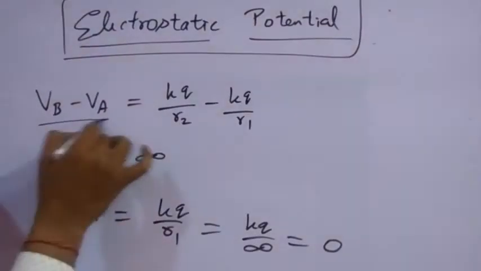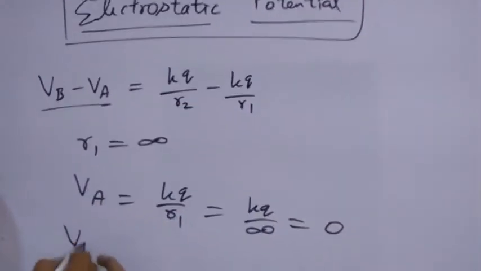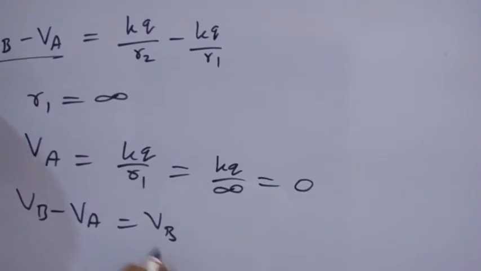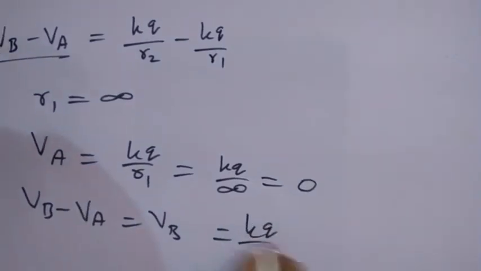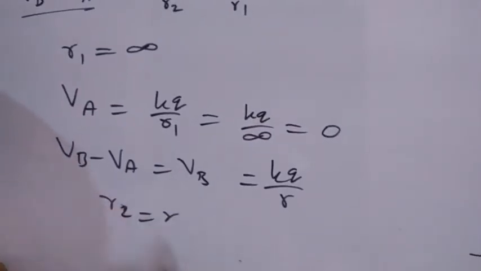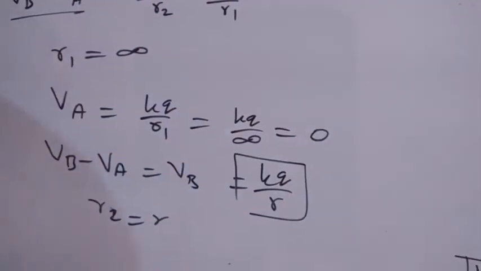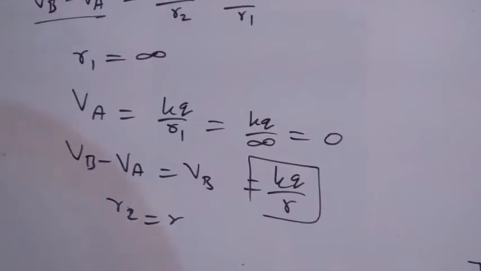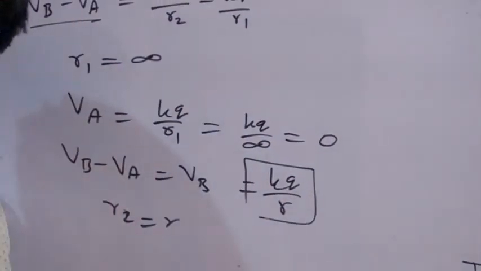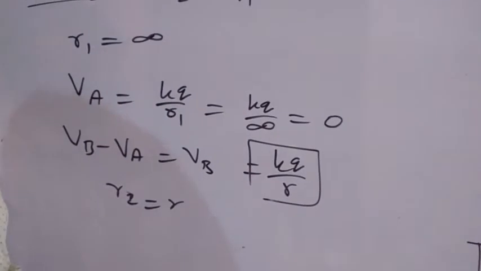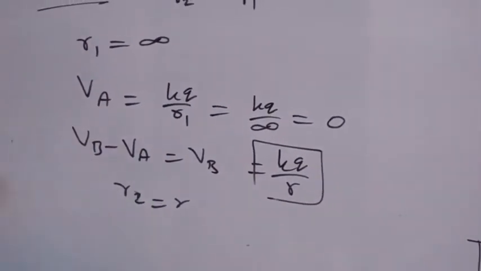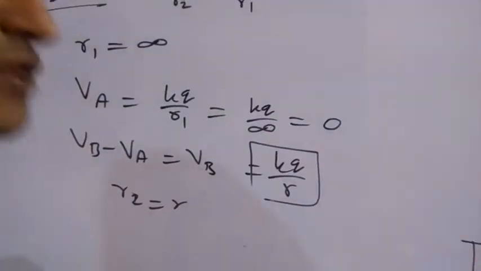So the potential difference VB minus VA will be equal to VB, that is potential at point B. That is equal to KQ by R if R2 is equal to R. So we require only one point, its position vector, its charge. That's it.